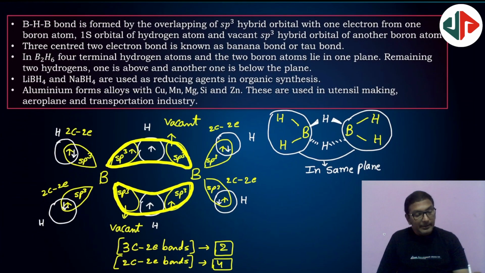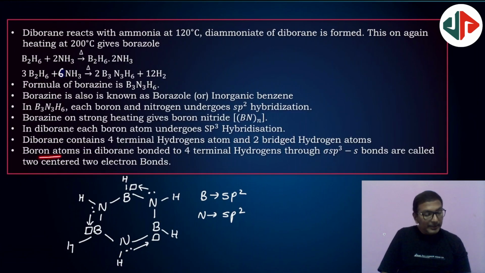See here, these are terminal hydrogens. 4 terminal and 2 bridging. H, middle bridge. Next, the boron atom in diborane is bonded to 4 terminal hydrogens, which are sigma sp3-s bonds, which are 2-centered 2-electron bonds. Normal bonds.